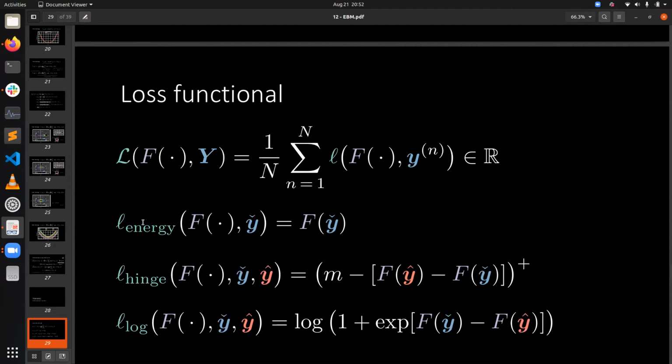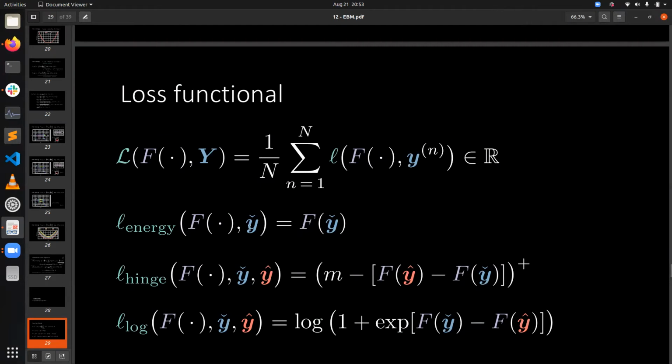There are a bunch of loss functions that you can implement. This is the simple energy loss functional. What happens here is you take an actual data point and the energy at that point is considered as the loss.